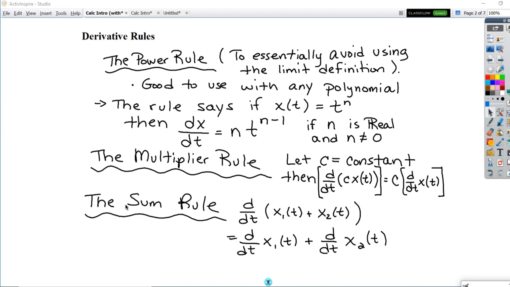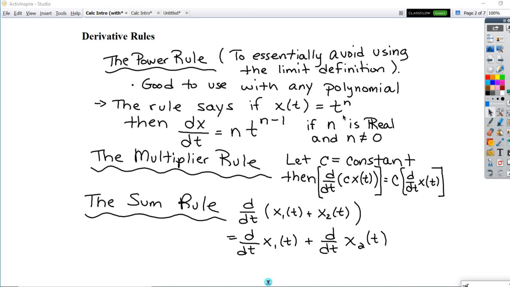The third rule is the sum rule. If I have two functions that are being added together, this could be like a t plus t squared. They're two separate polynomial terms. I want to still be able to use this rule.